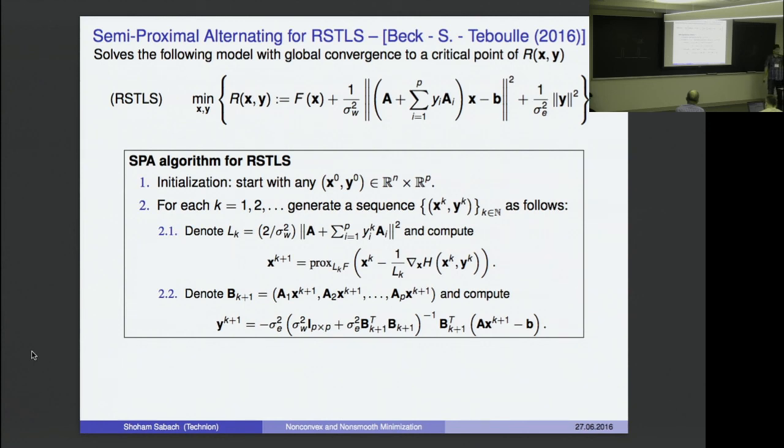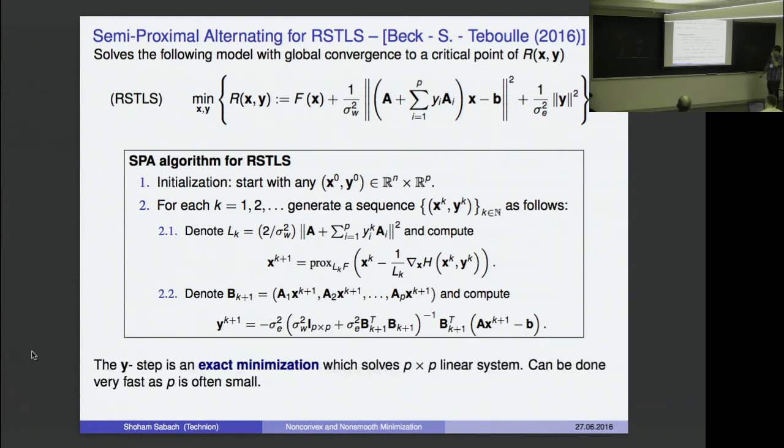This can be done accurately and efficiently since p is usually very small. And actually, the only effort is when you choose a different regularizer for the X block. All the effort goes to the computation of the proximal map.